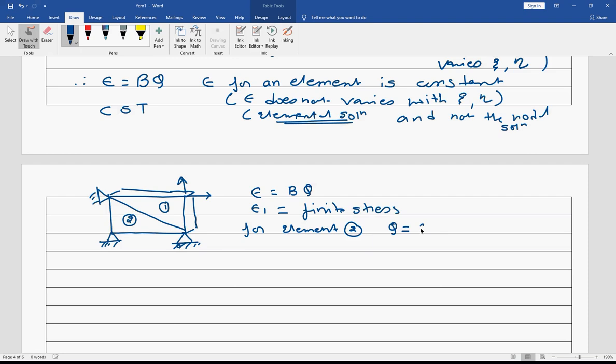So all Q's are 0. Therefore, the strain is equal to 0. So what we say here, some sigma exists with a finite value, and here sigma will be equal to 0. Okay. Now let's consider another case.